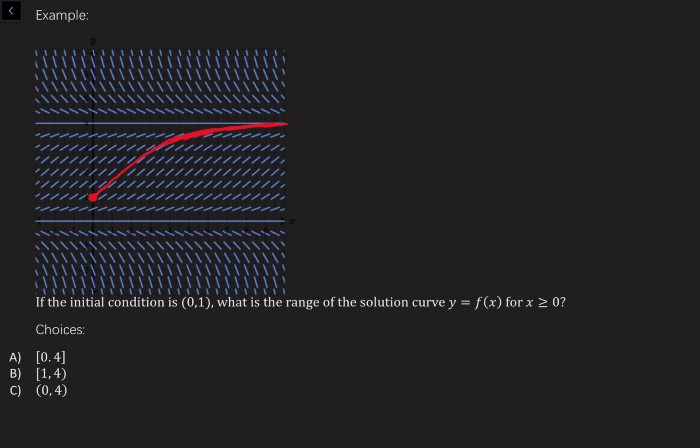This is exclusive, y equal to 4. So a is already eliminated. We see only b satisfies because this starts at 0, 1, and the slope is generally positive over that domain. So this can only be b.